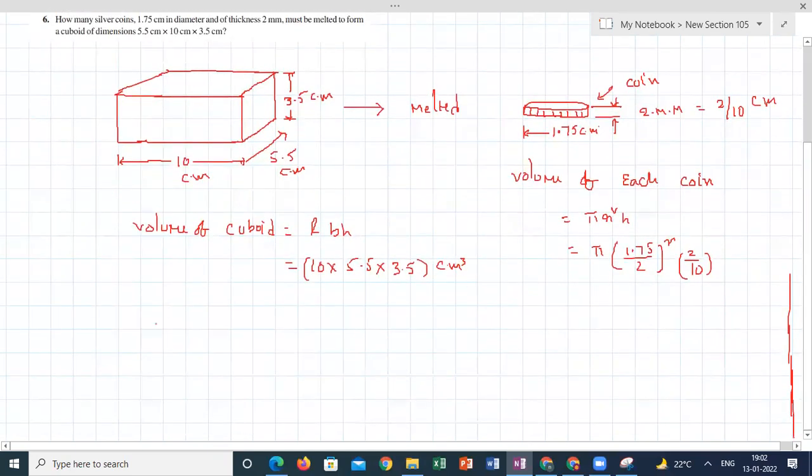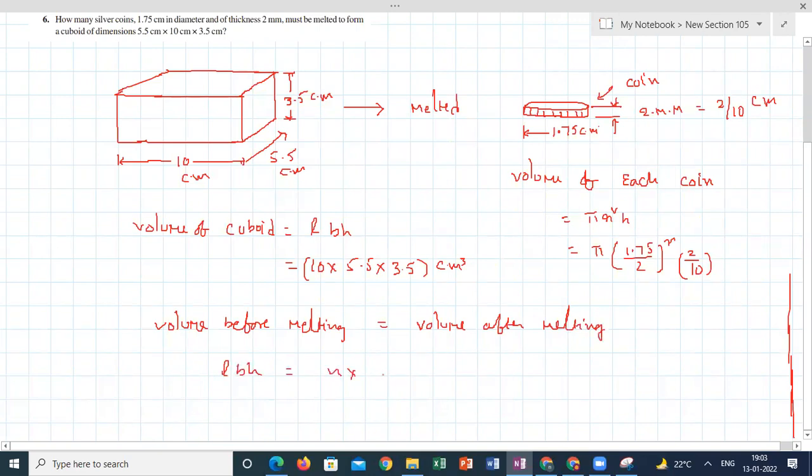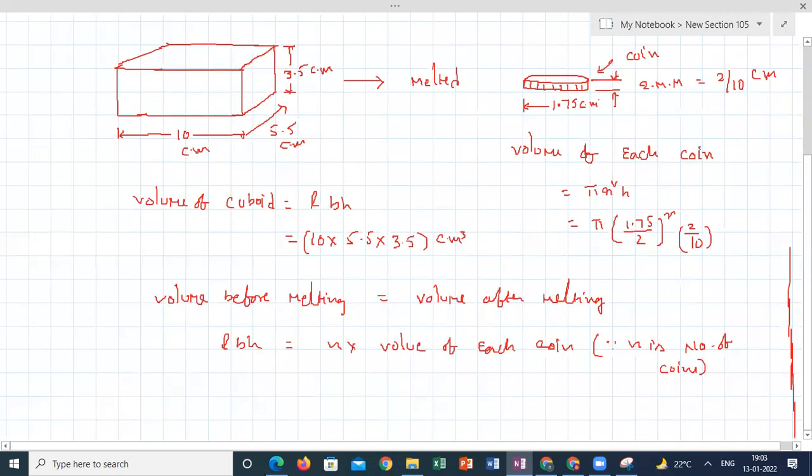So volume before conversion will be equal to volume after melting. Volume before melting is LBH, volume after melting is N into volume of each coin, since N is number of coins made from that cuboid.